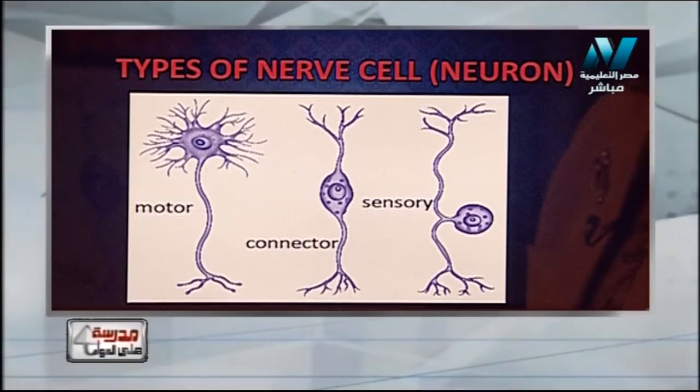The sensory neurons transmit the sensory impulses from the receptors or sensory organs, or even the nerve endings spread all over the body, from these parts to the central nervous system, which is the brain and the spinal cord. The connector neuron connects between them and is located in certain parts of the nervous system.